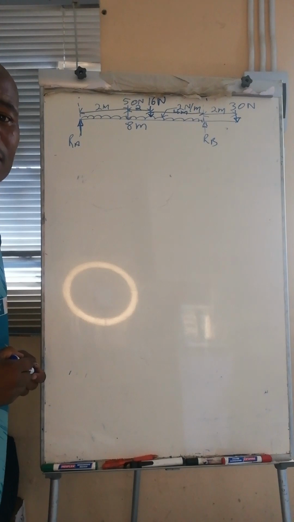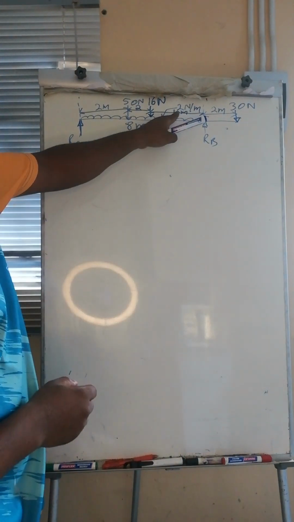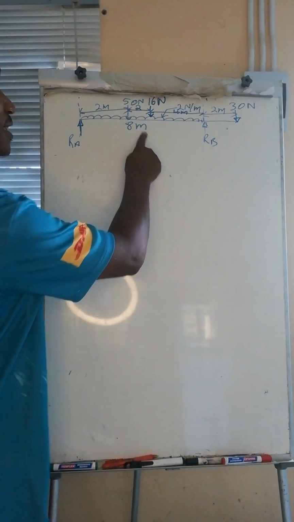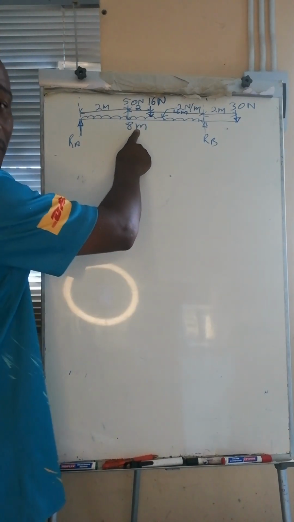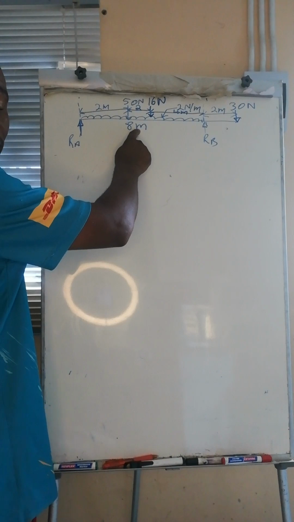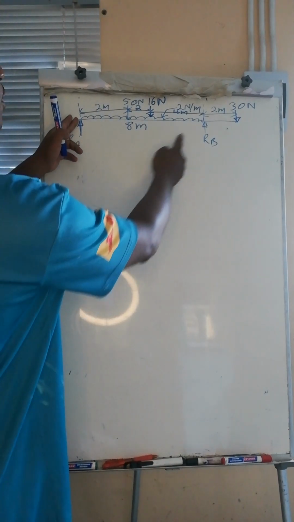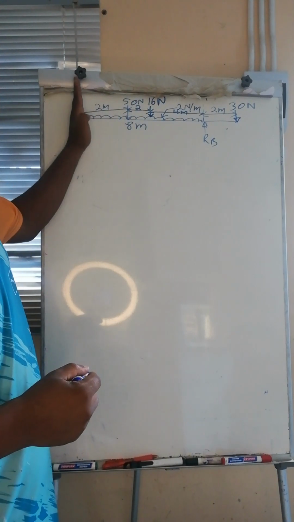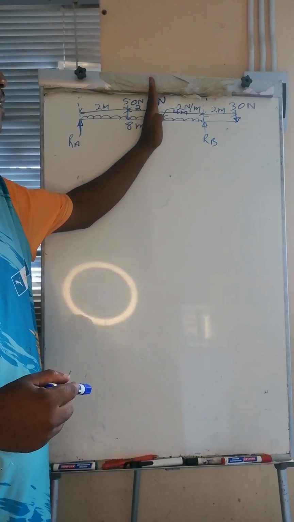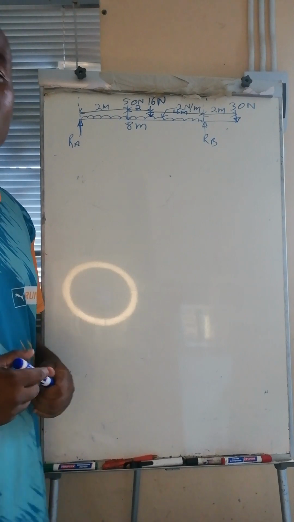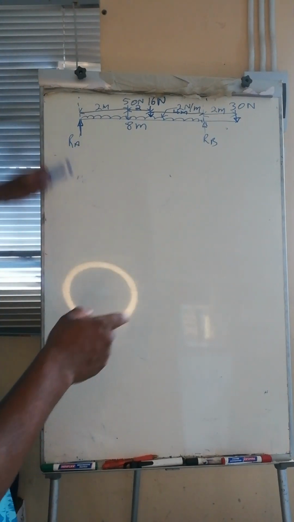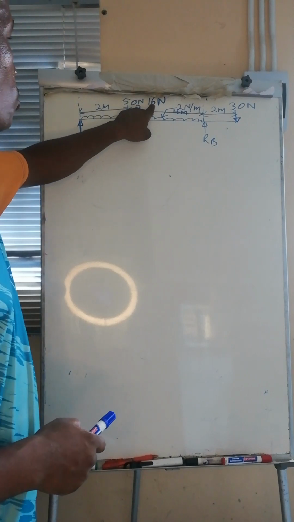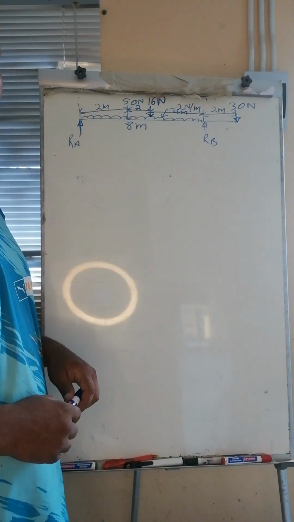This 16 is acting at the center of the 8 meters. The distance from here to there is 4, and from here to there is 4. Now we've got 3 point loads: 1, 2, 3.